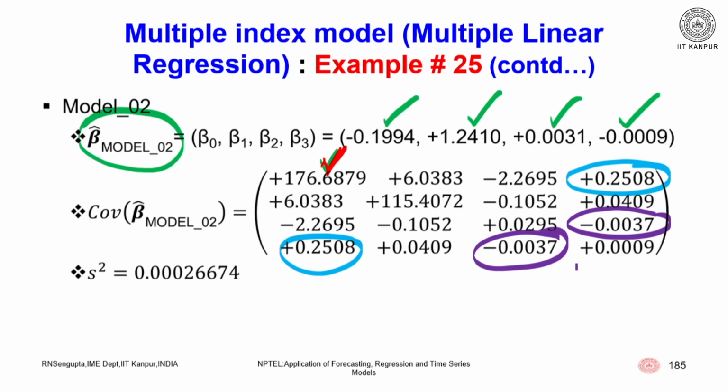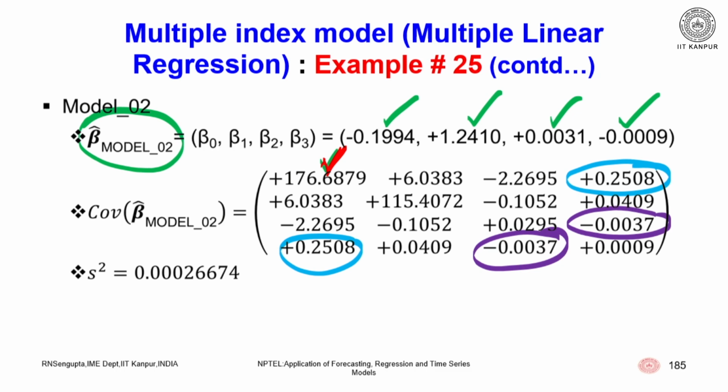And finally, S square, which you know is the error square divided by n minus k, k I have mentioned again, that value comes out to be, I will read it out, which is given in the third bullet point, 0.00026674. Now, if you compare the values of beta 1, beta 2, beta 3 hat in this slide with the corresponding values for model 1, there is not much of a difference.